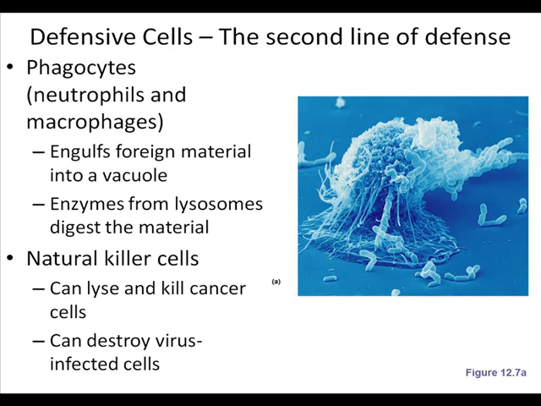There's another kind of defensive cell called a natural killer cell that, when it detects a cell that it doesn't think is right, will actually attack and destroy it. It will even check for cells that might be infected by a virus, and will kill them.